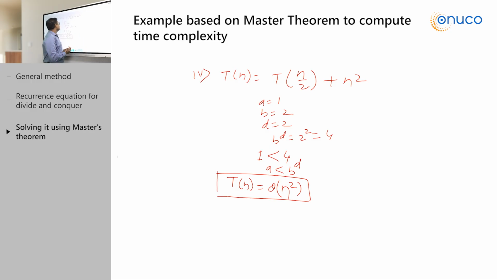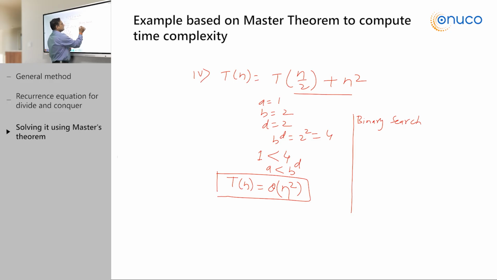Remember that recurrence relations sometimes will be given to you, or based on the given problems we are going to write the recurrence relations, and then you are going to solve it. As for example, we are going to discuss binary search shortly.